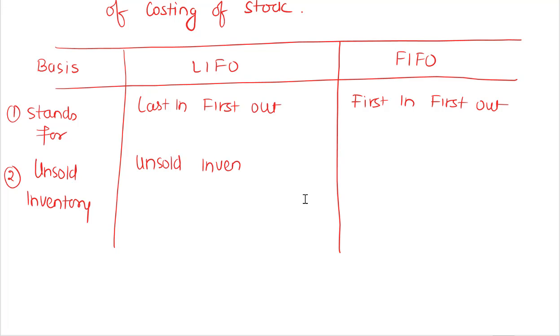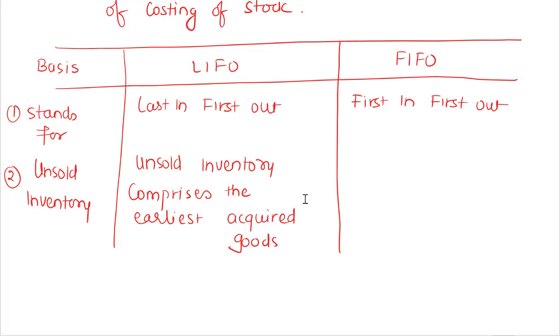Unsold inventory comprises the earliest acquired goods in FIFO.